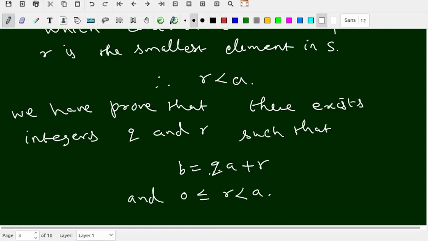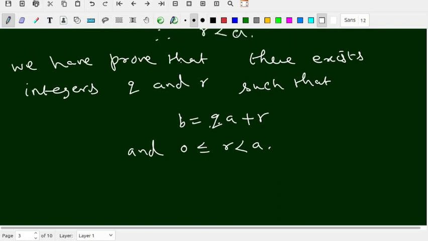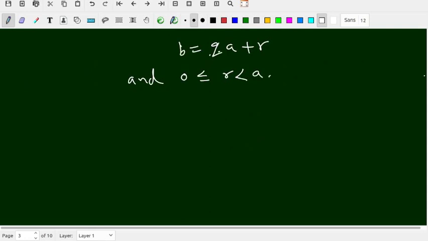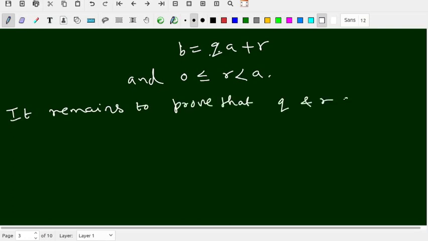So the existence part is proved. Now it remains to prove that q and r are unique.